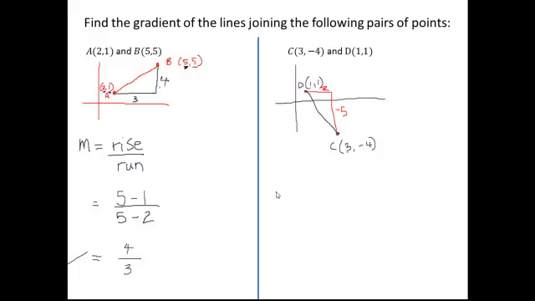Now if we were going to calculate it like the way I did before, to get the rise, I took my y coordinate, -4, and subtracted my other y coordinate from it. So -4 minus 1. And then, starting with that x coordinate, I did 3, take away the other x coordinate, 1. So that gave me -5 over 2. So my gradient is -5 over 2. And again, you can stop there because that fraction is in simplest form.